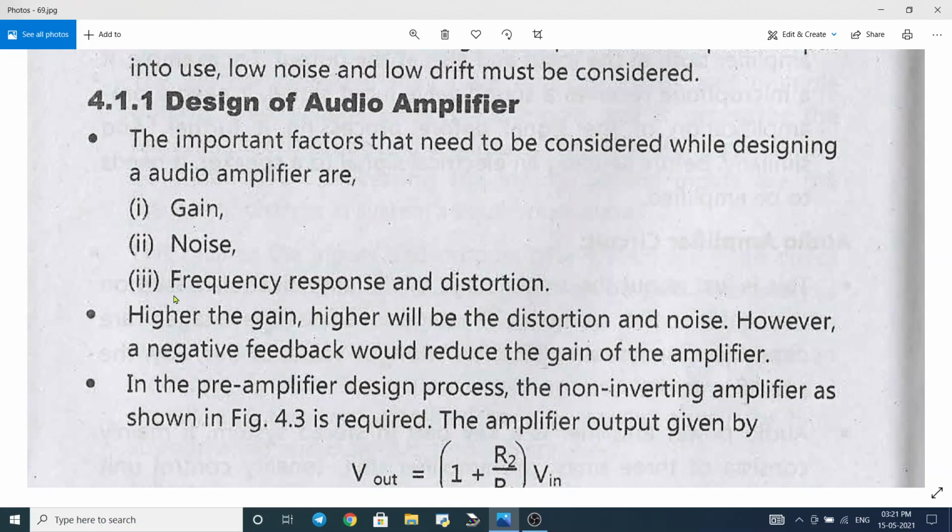And the third important is the frequency response and distortion. A circuitry used must have a proper frequency response.